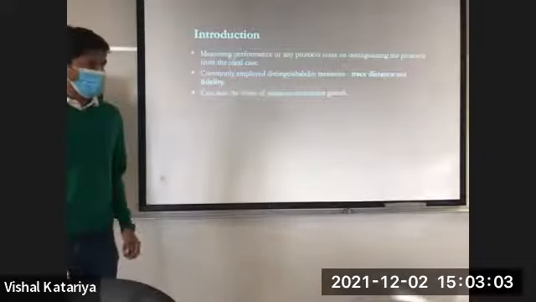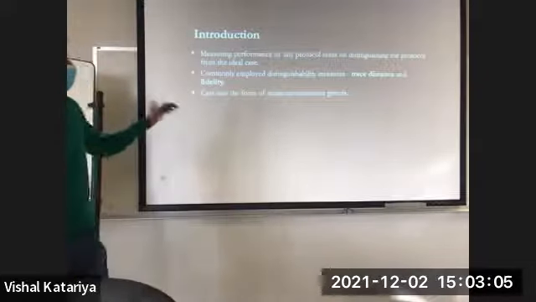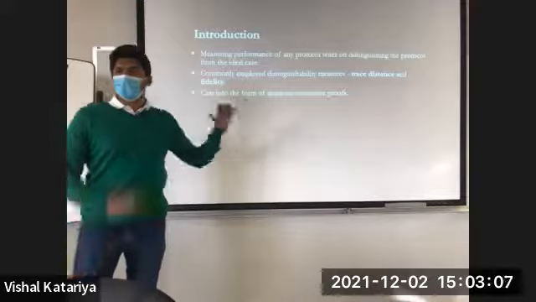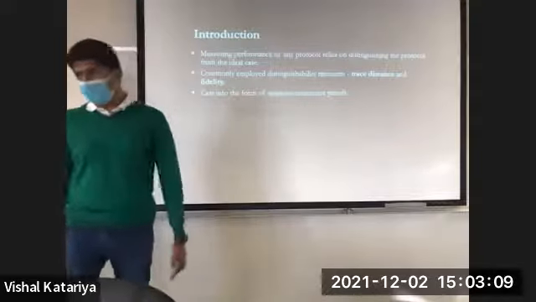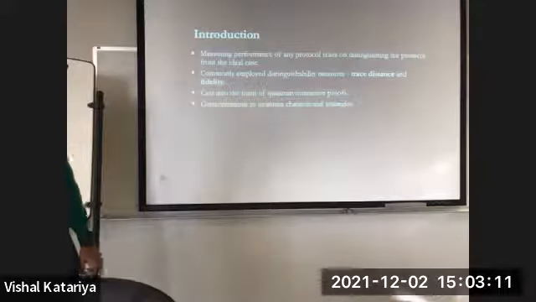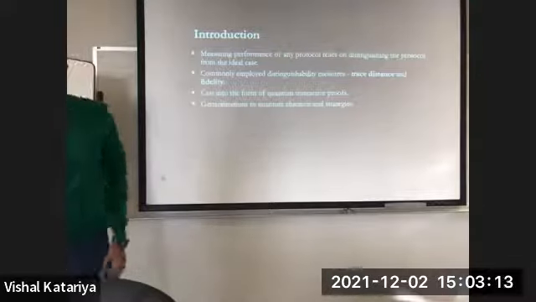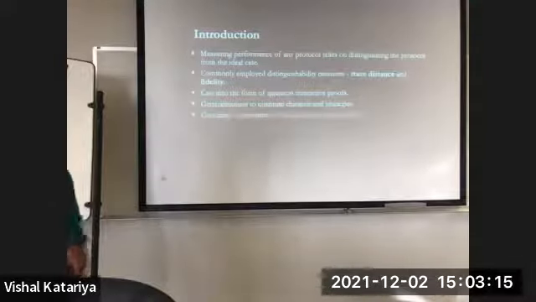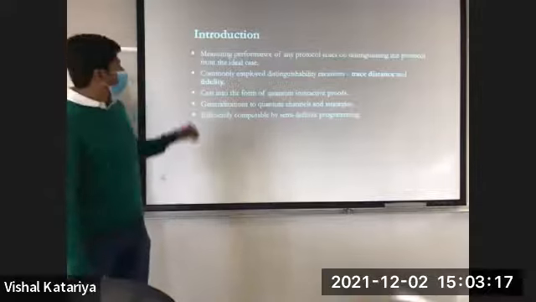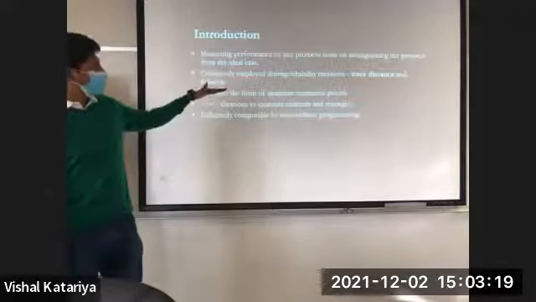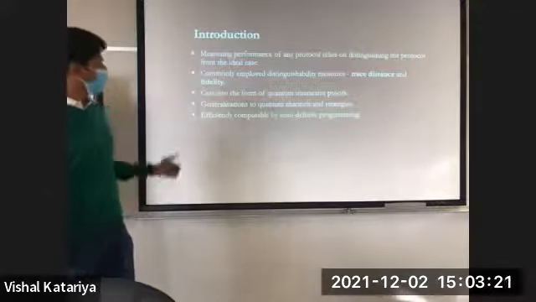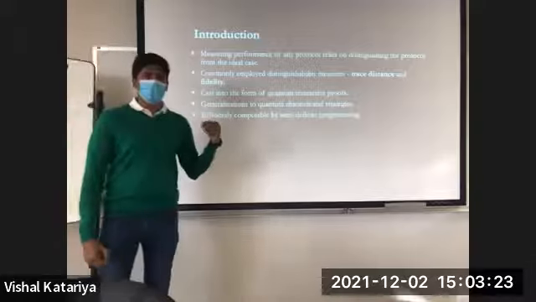What we show in this work is that these can be cast in the form of an interactive proof. I'll show you what a quantum interactive proof is. And like I said, you can generalize them to channels and strategies. One thing to note is that these distinguishability measures are efficiently computable by semi-definite programming.